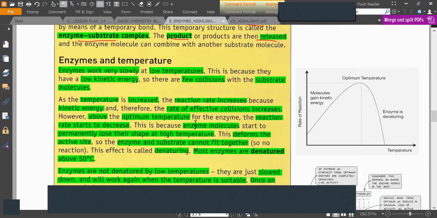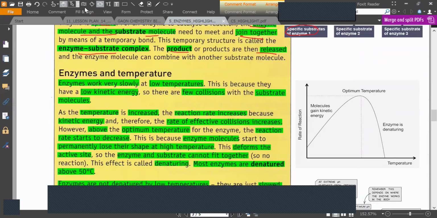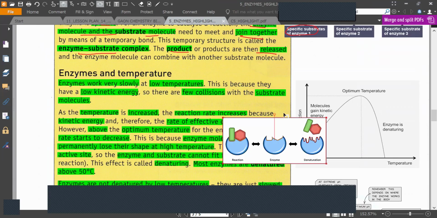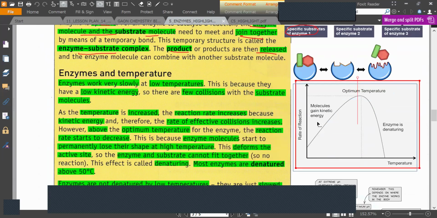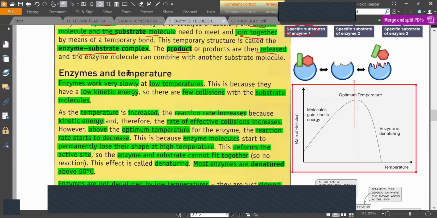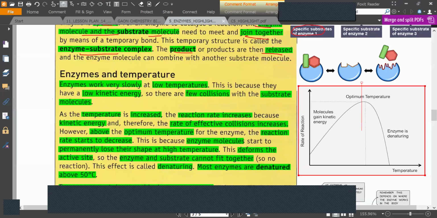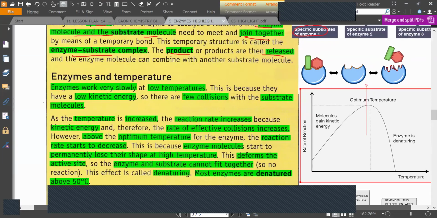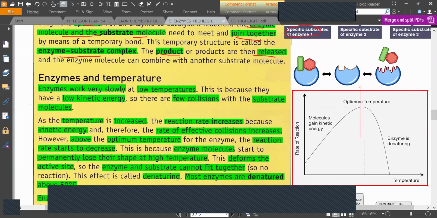For the extended course, we need to know the detail of the explanation. So we can take a look at the picture.